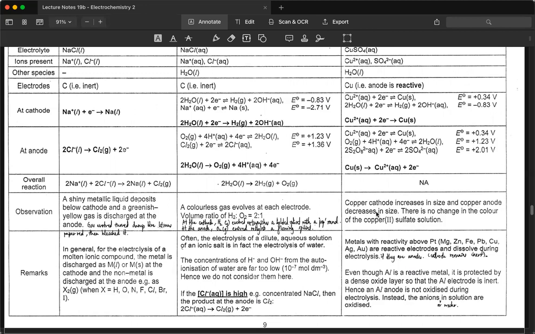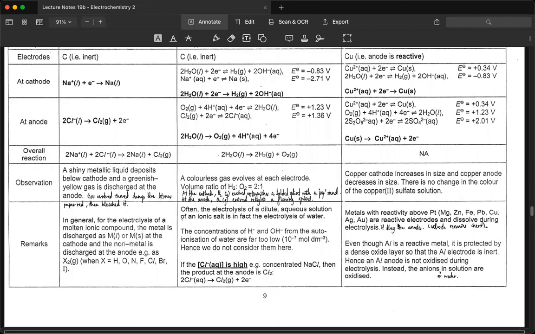So just say in terms of the size, as what you have observed directly without doing any measurement of mass. In terms of the color, no change, because for every 1 mole of copper-2+ discharged at the cathode, 1 mole of copper-2+ is formed from the oxidation of the anode. So there is no net gain or loss of Cu2+ in the electrolyte, no change in concentration of Cu2+, and hence no change in the color intensity of the electrolyte.